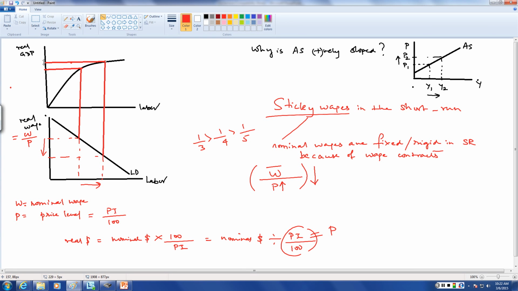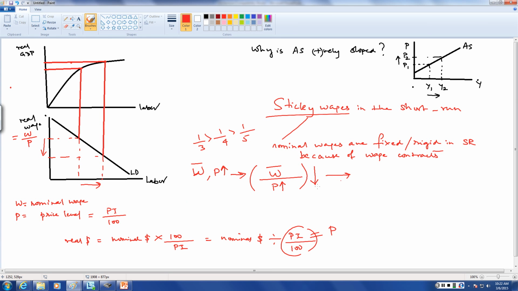Because when firms hire more workers, those workers must be put to work, of course, and this will result in firms increasing their quantity supplied of real GDP. Is that correct? So the story here is when W is fixed, and the price level rises, this leads to the real wage falling.